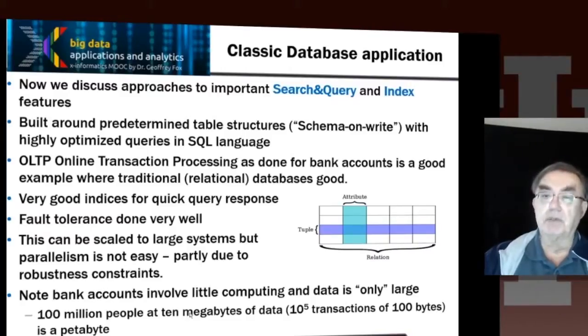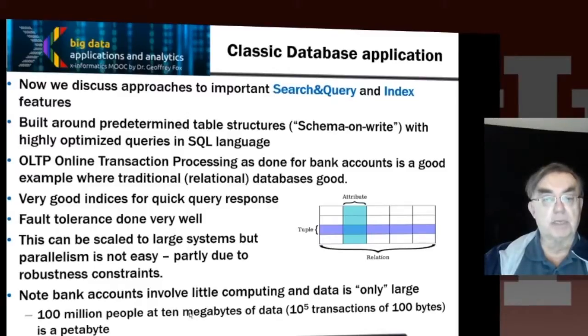When we compare NoSQL with databases, some people like to call databases as having predetermined structure. That's true. You have to define the entity relationships, which is the meaning of the columns of the entries in the database.